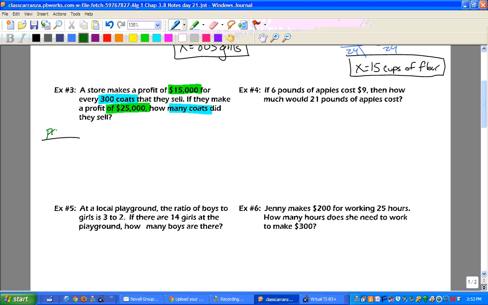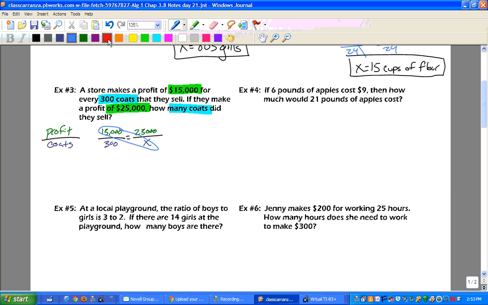So for this one, we have the profit, and then we have the coats. So profit, 1,500 over 300 coats. And then our next profit is 2,500, and you do not know how many coats that is.